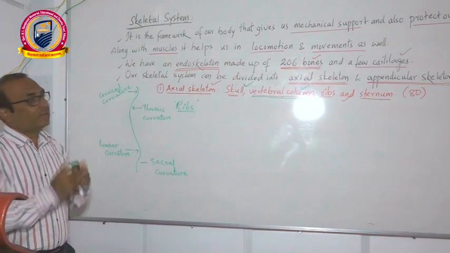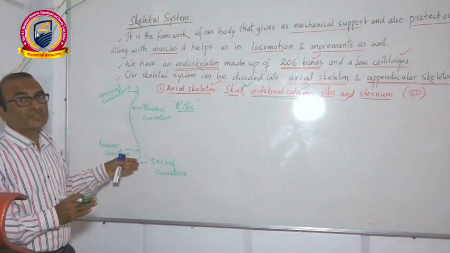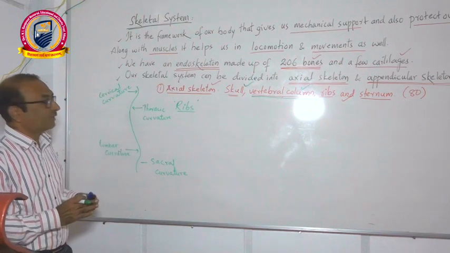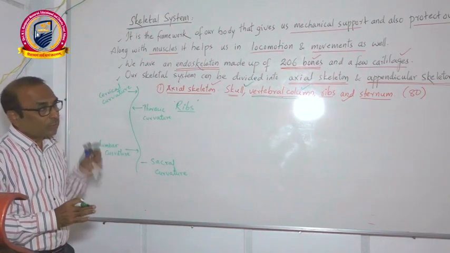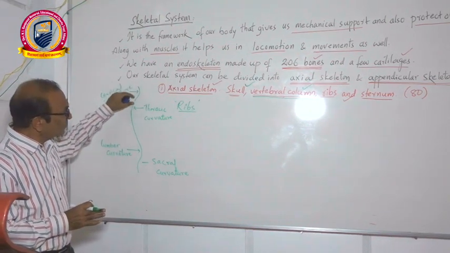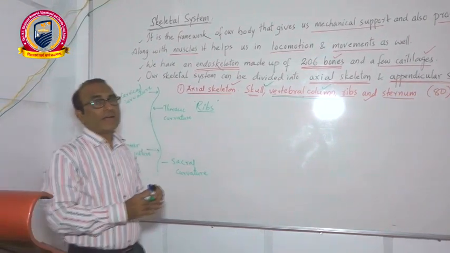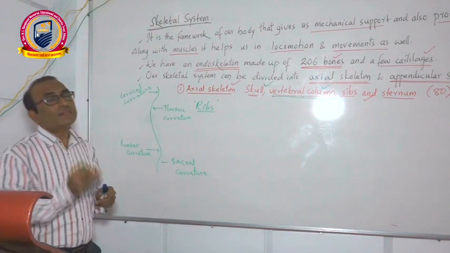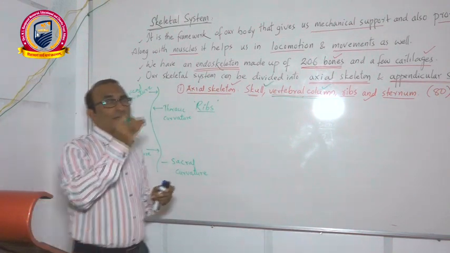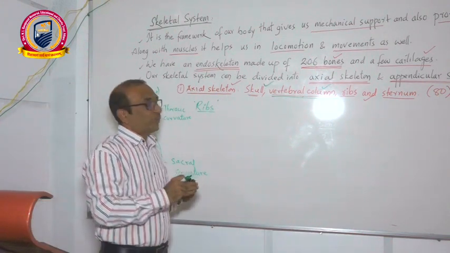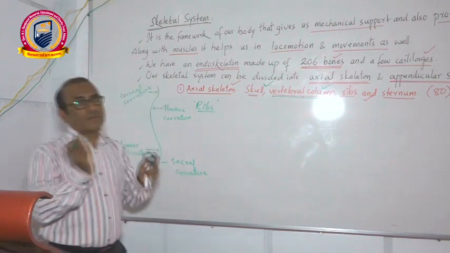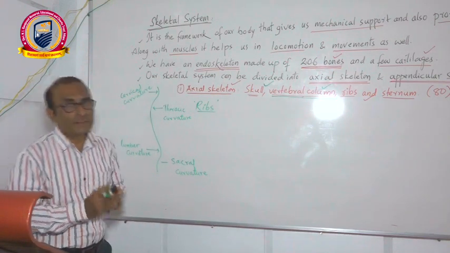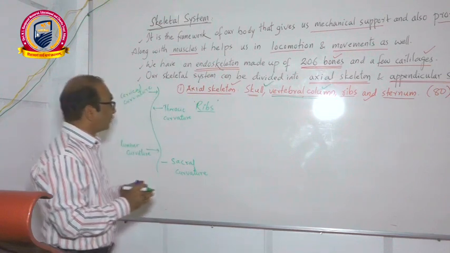Later on, only in the modern man, Homo sapiens, all 4 curvatures have developed. And one more thing, these vertebrae have in between them cushion-like cartilages, which allow some bending movements of our backbone.